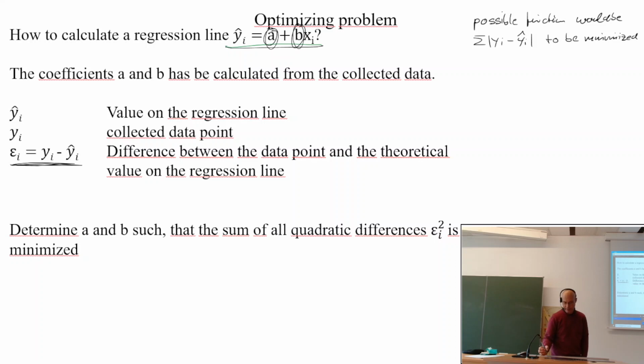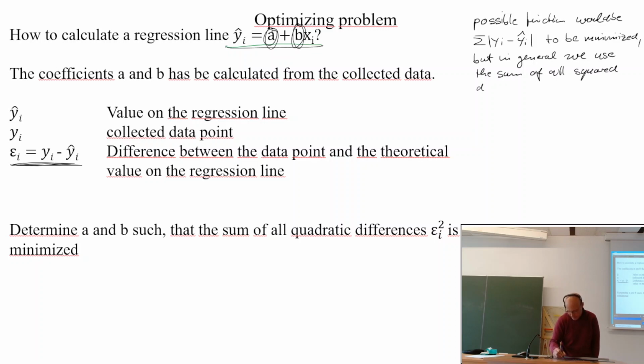But in general, we use the sum of all squared distances to be minimized.